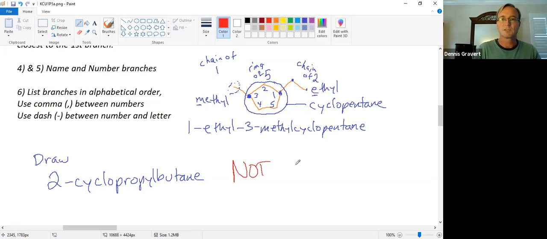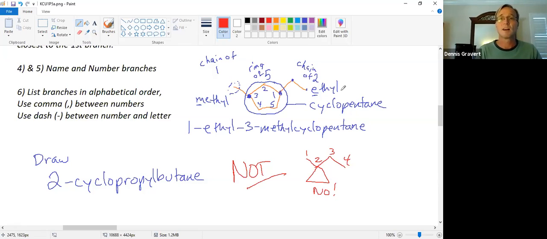What I'll have students sometimes do, it's a mistake, they'll say, okay, I'm going to draw the cyclopropyl group first, and then I'm going to stick on butane, where there are 4 carbons, and I need carbon 2 to attach a triangle. So I will draw my butane like this and say, yeah, this is 1, 2, 3, 4. And that is not correct.